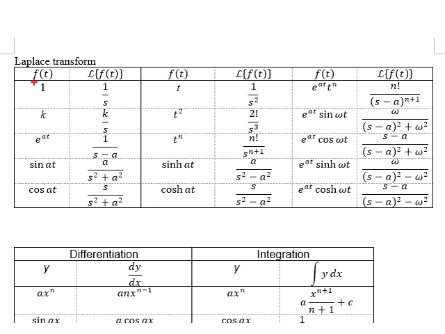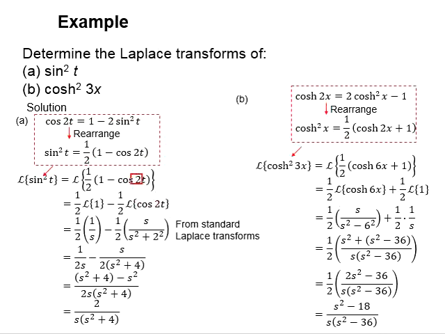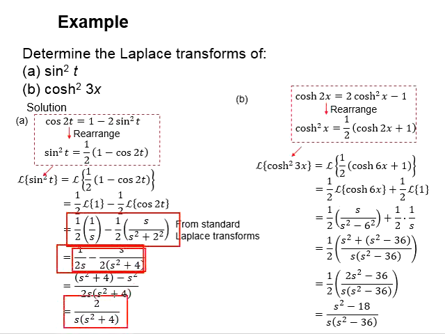Based on the formula here, the outcome will be 1 per s and also s per s squared plus a squared. The a here is equal to 2. Substitute into the formula and solve it. Combine the two functions, you will get the final solution.